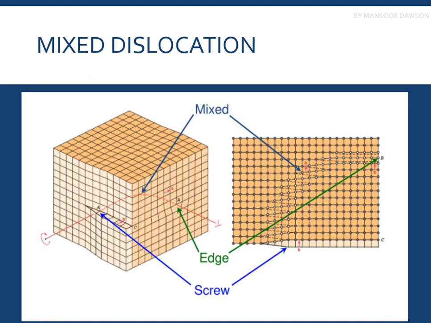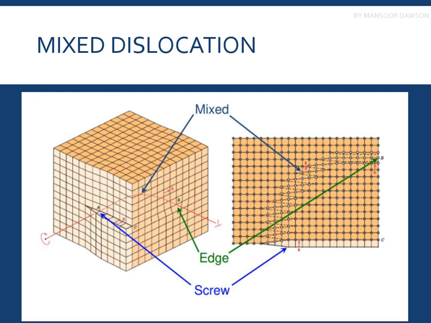Then we have a mixed dislocation. In practical applications, we often get mixed dislocations because when we apply tensile force, certain stresses are generated inside the lattice, which are tensile stress and shear stress as well.